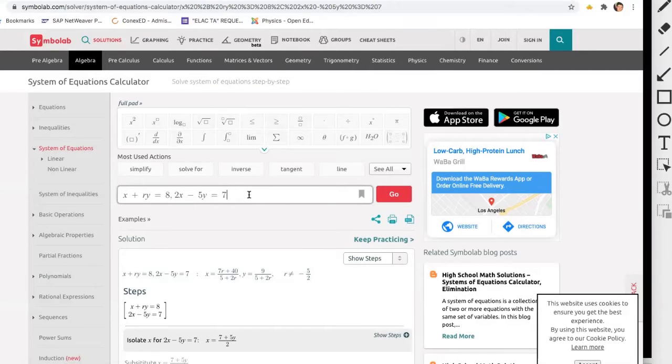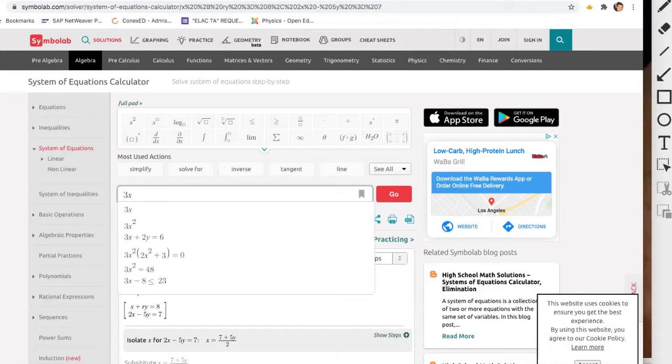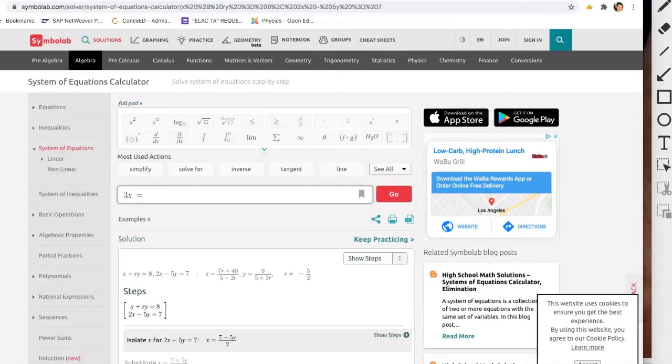So what would we put here? 3x, right? That's 3 I1, plus y, plus, well, I could just say 0, right?